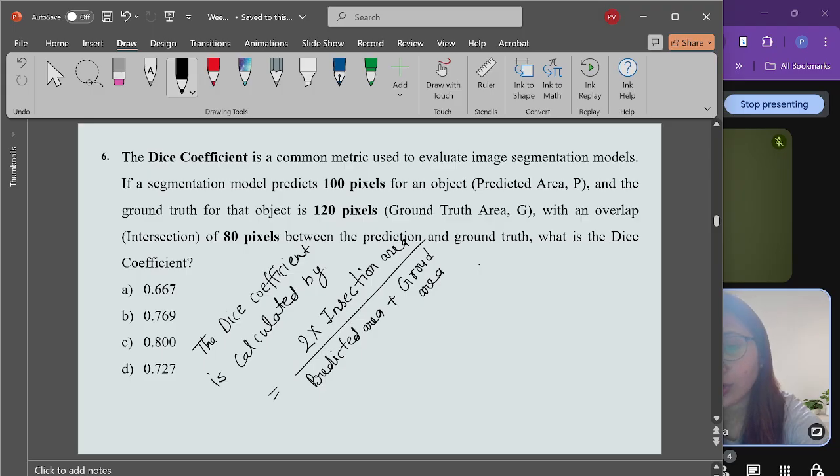So this is the formula, and it is also known as the F1 measure or F1 score.